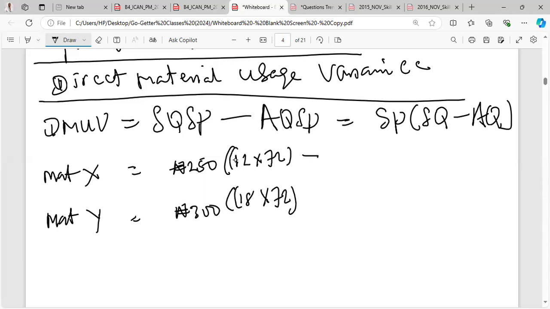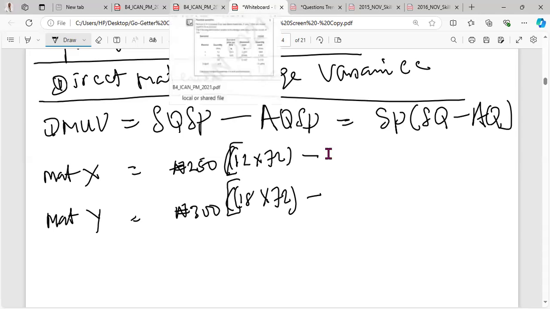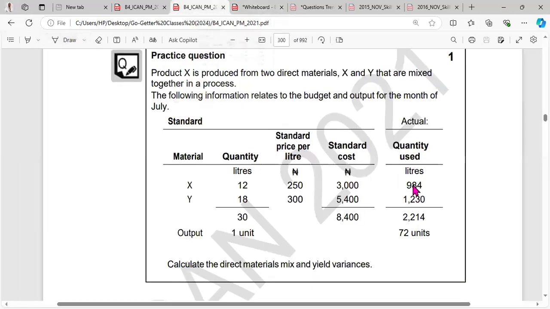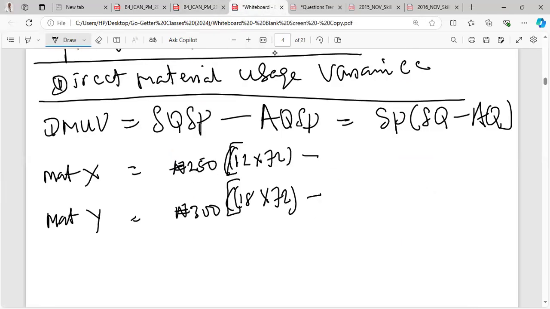Now minus, what is the actual quantities? 984, 1230.